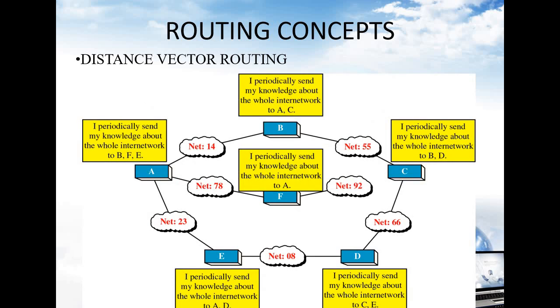The rules are explained here. A's neighbors are B, F, E. I periodically send my knowledge about the whole internet to my neighbors. Similarly, F to A, C to B and D, D to C and E, and E to A and B.